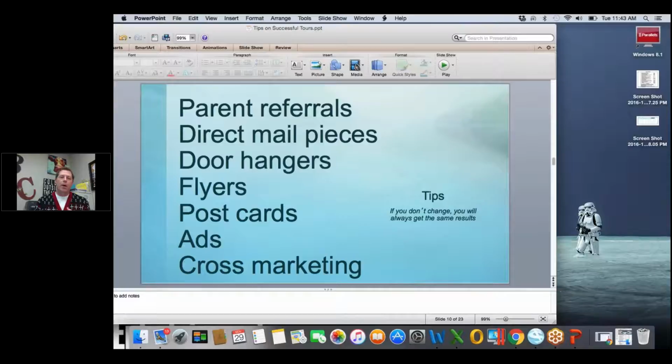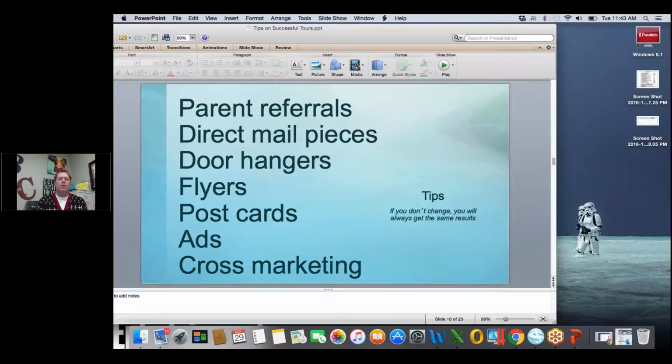Also, on all of your marketing material, your mail pieces, your door hangers, your flyers, your postcards, your ads, all of these type of things, use real life pictures of what you're trying to sell. Rule number 1 is you need to have a picture of your building, a picture of your school on that marketing piece. The parents have got to make the visual connection: oh, I've seen that place before, that's over at the corner of this street and that street.